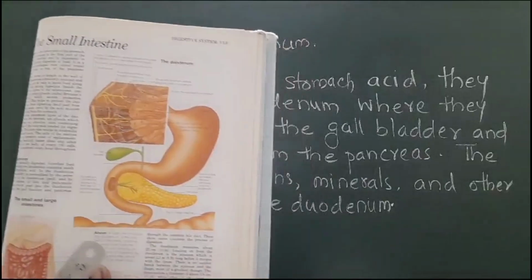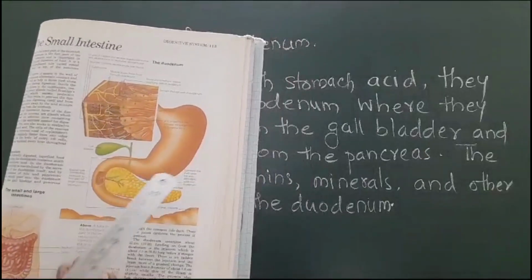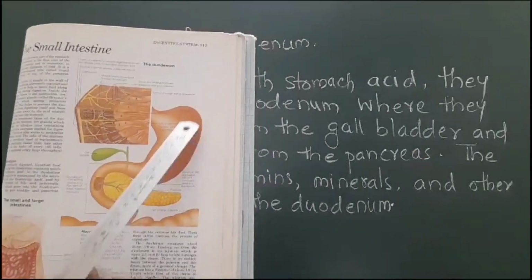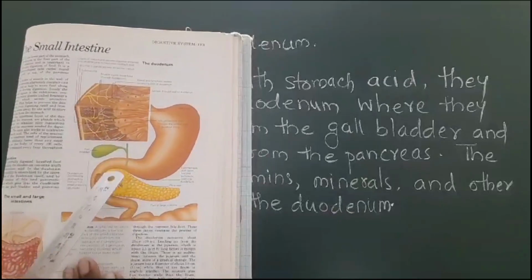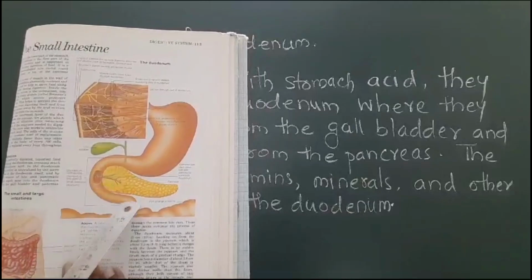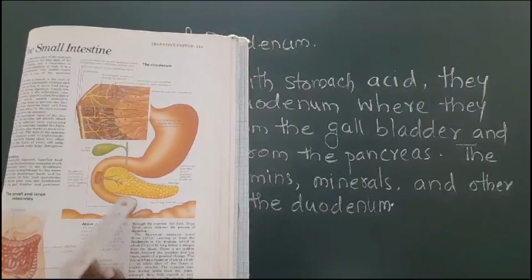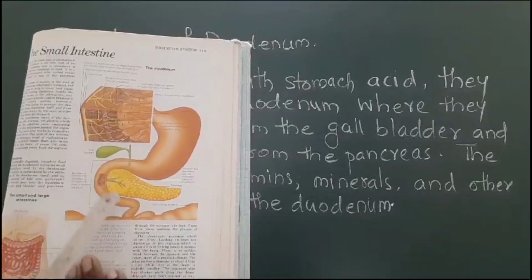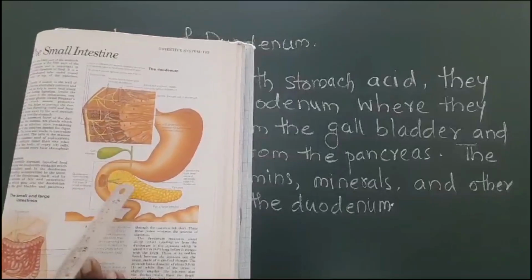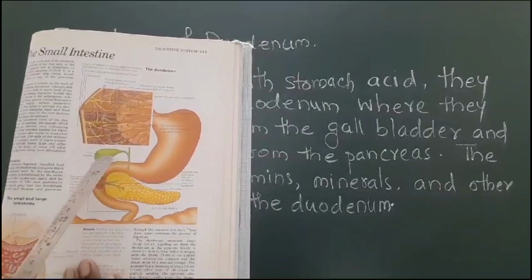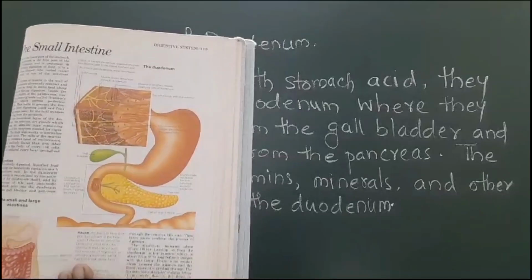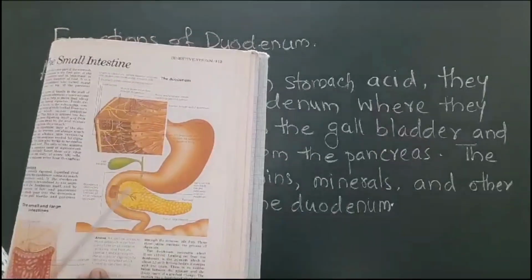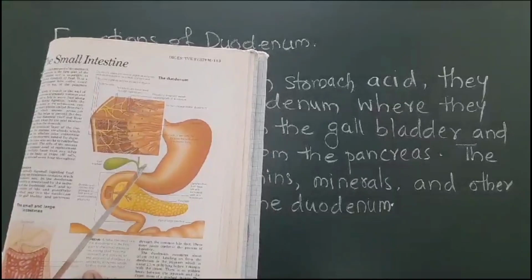Hope you can see this diagram clearly. This is the stomach, it comes down, and the intestine begins here, the duodenum, the first part of the intestine. This is the duodenum, which is in C shape, and here is the pancreas. This is the gallbladder.